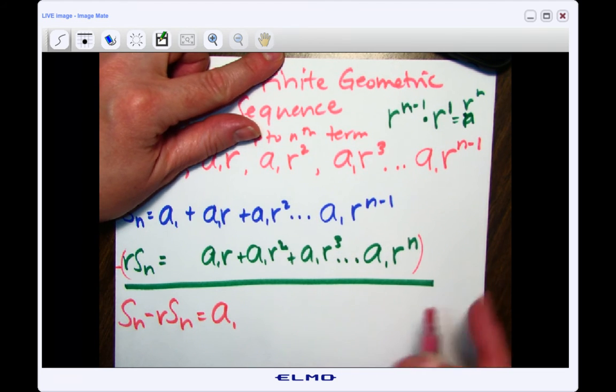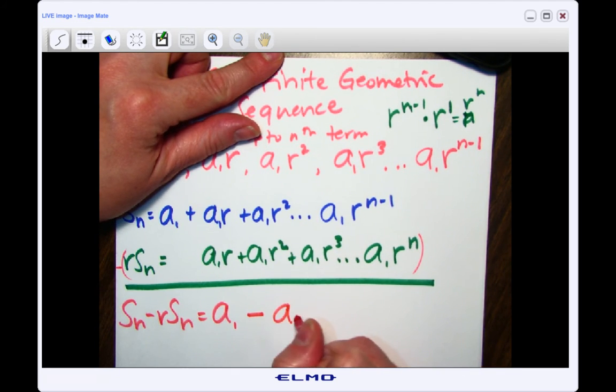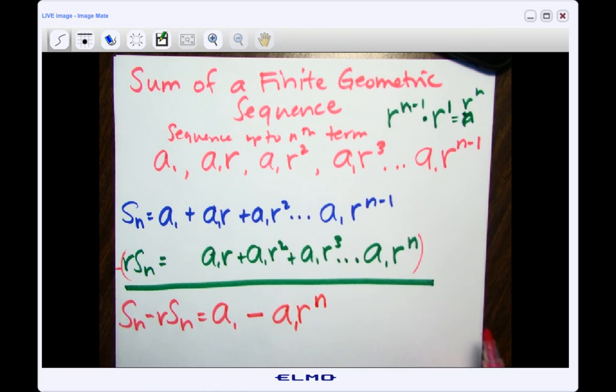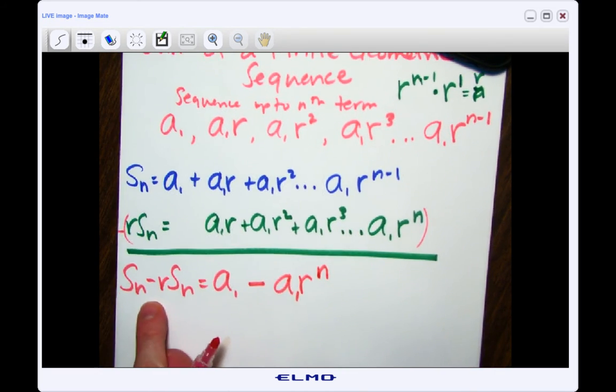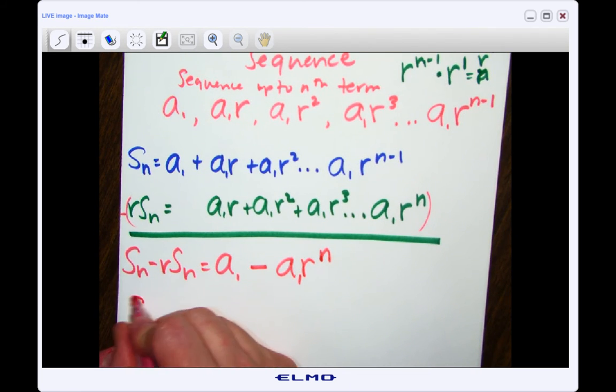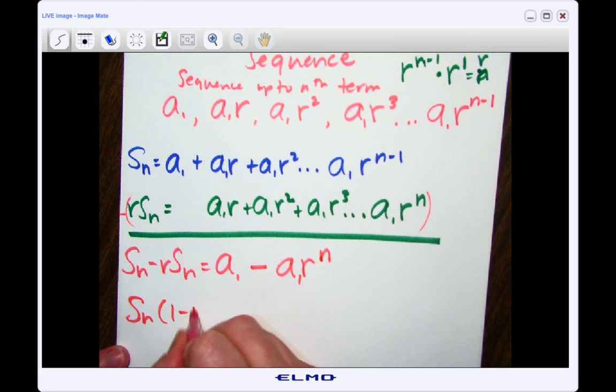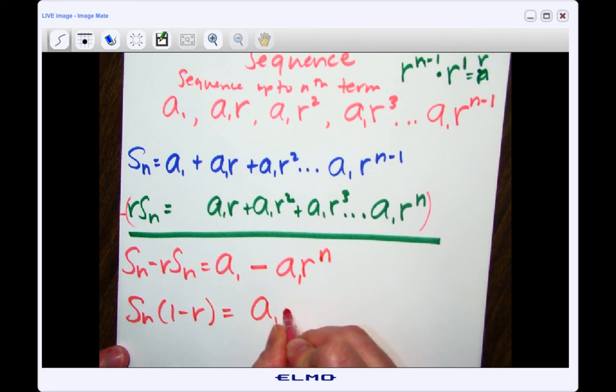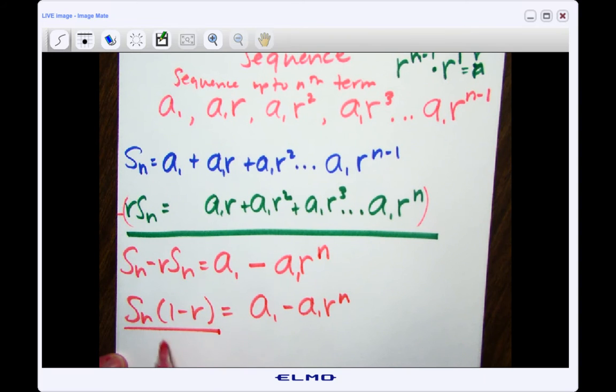And so the last one left is going to be this one. All right. Now what we really want is for it to be equal to s of n. So I've got to get the s of n by itself. So I'm going to factor out the s of n. And then I'm going to divide by 1 minus r.